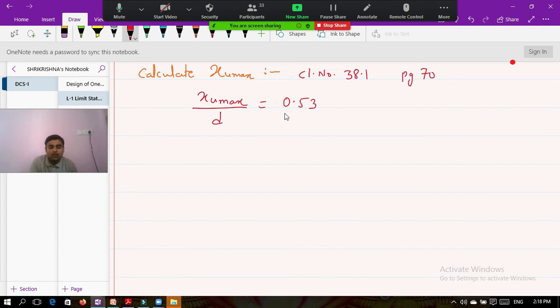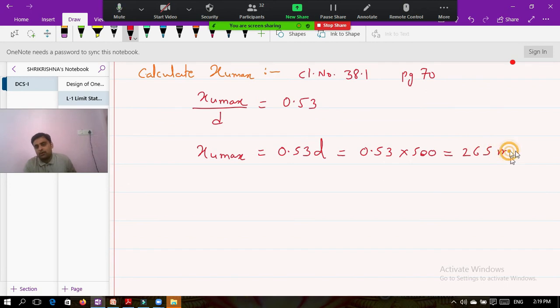This I have already shown you at the start of the lecture in the IS code also. Now if you move further, Xu max is equal to 0.53d, which is equal to 0.53 into 500, which is again equal to, what is the value of Xu max then? 265 mm. That value works out to be 265 mm.